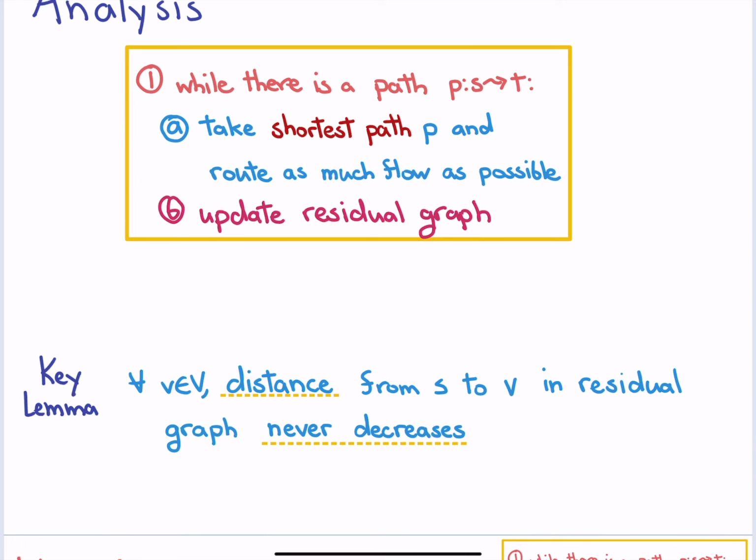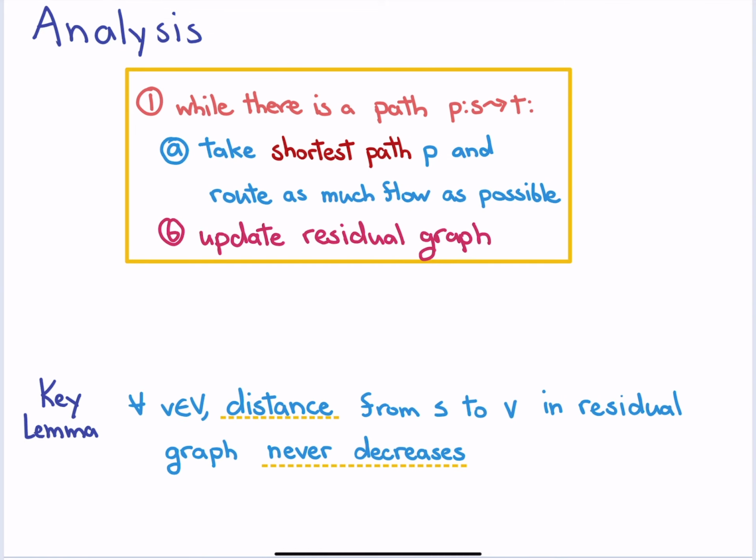So here I think is the very interesting part of this analysis. It's very clever because the argument is based on studying the distance from S to various vertices V in the residual graph. Originally maybe V is 5 hops away, and then over the course of the algorithm, we're adding and deleting edges.